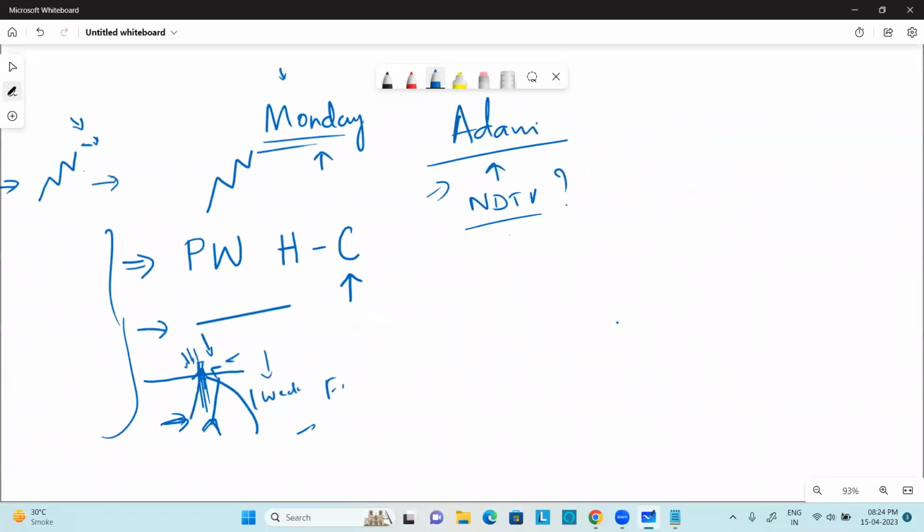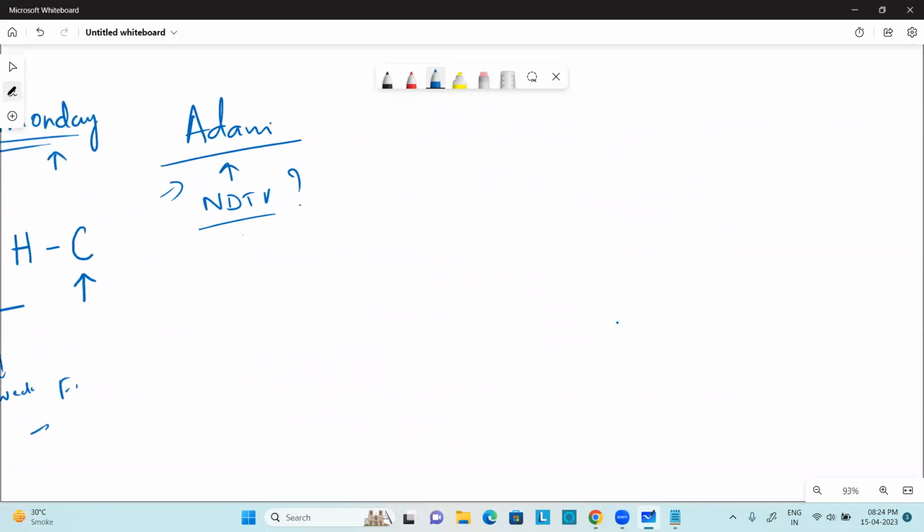Okay, let us move to the topic. If you are trading on Monday, always look at the closing of the previous week. That is very important. When you are trading on regular days, look at the previous week high and close, and the previous day high and close.